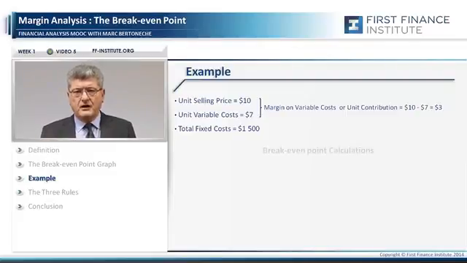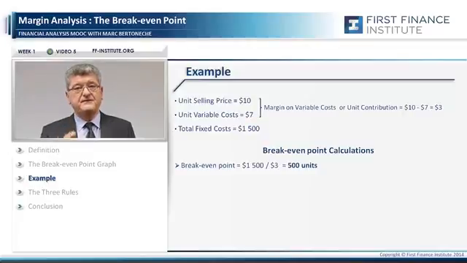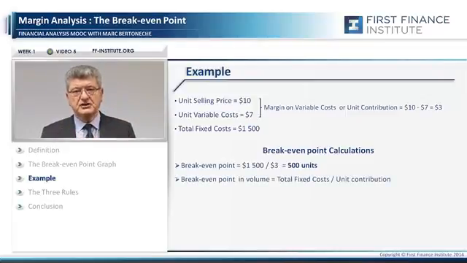In order to cover the $1,500 of fixed cost, I obviously need to sell 500 units, that is 1,500 divided by 3. In other words, as you can see on the slide, the break-even point in volume is equal to the fixed cost divided by the unit contribution.